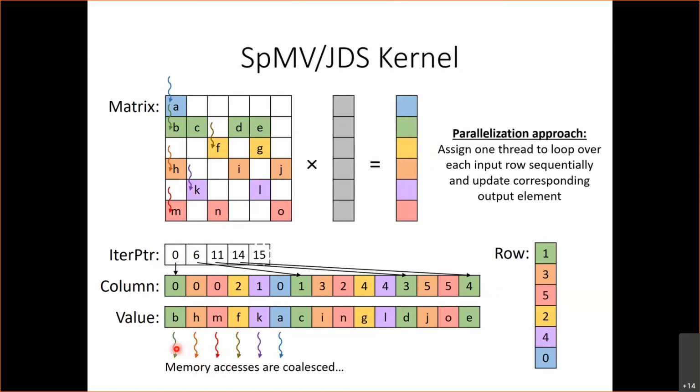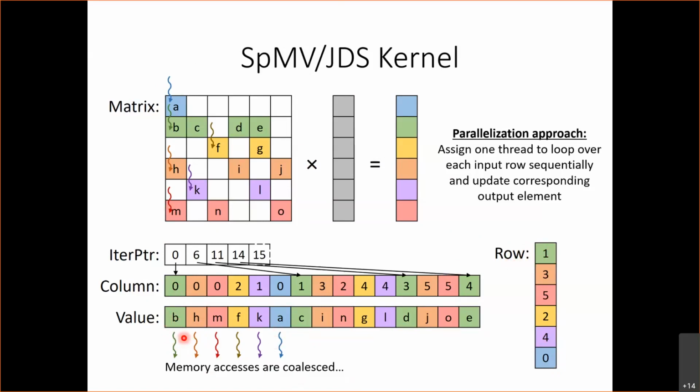Thread 0 is responsible for this row over here, and I know that this is row 1 by looking at this permutation vector here. So thread 0 is going to be responsible for row 1. Thread 1 is going to be responsible for row 3. Thread 2 is going to be responsible for row 5, etc. And now each thread is going to load the first non-zero of the row that it's responsible for. And as you can see, these memory accesses are coalesced.